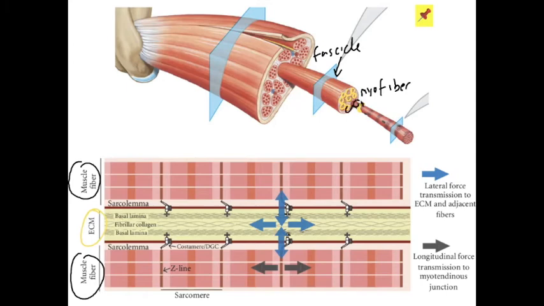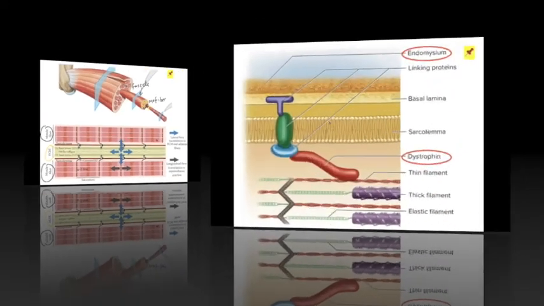And we'll see later that each muscle fiber is going to be able to shorten due to the contractile organelles within it through these connections. So the contractile force will also be pulling on the surrounding endomysium down the length of the muscle fiber, and that force is also going to be transmitted to adjacent muscle fibers, pulling them along as well.